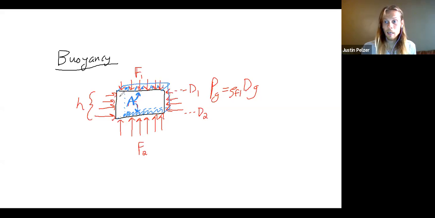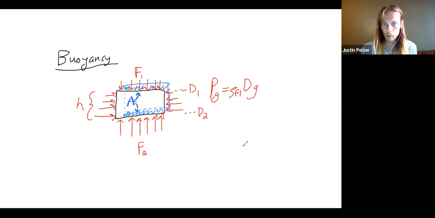Area A times H, of course, gives us the volume of this object. That's area A, that's area A. So we have a force distributed over an area. Pressure. So which is bigger, F1, F2? Same area. Less depth means less pressure, which means less force.